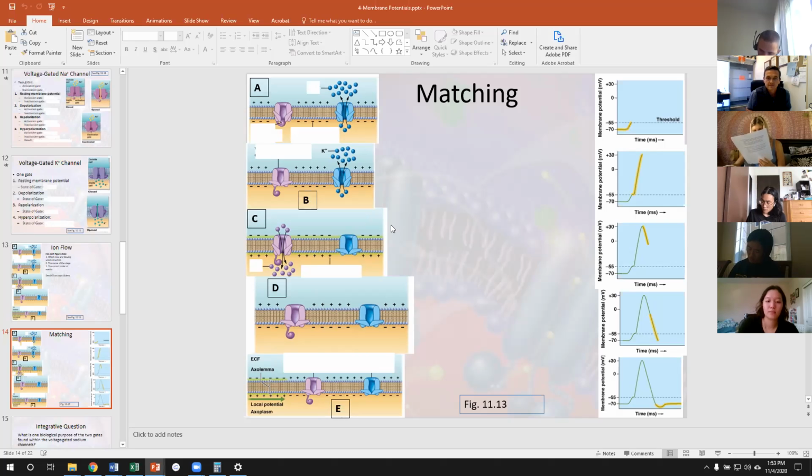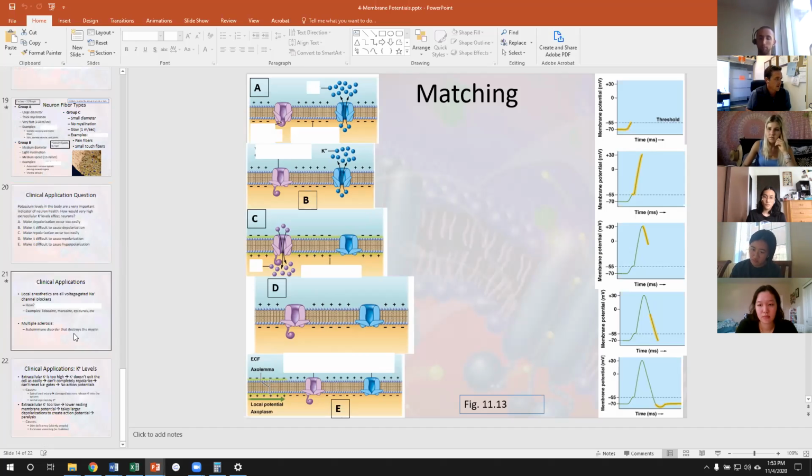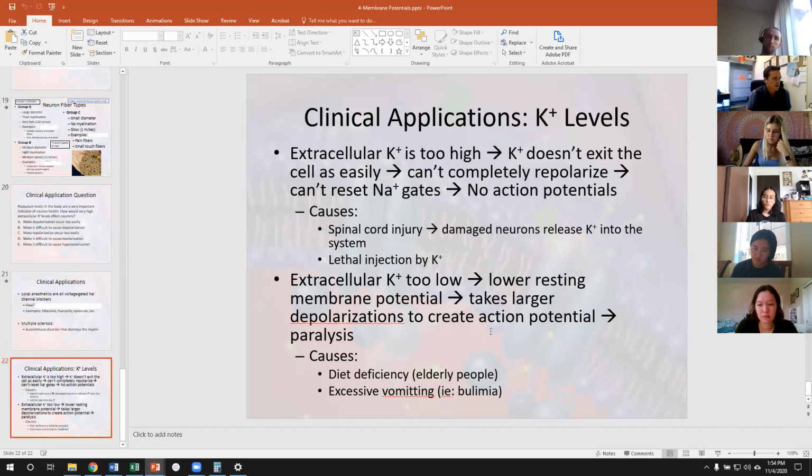Could you go over the clinical applications of extracellular potassium being too low? Yeah, the too low part. When it's too low, this is all about changing diffusion gradients, right?